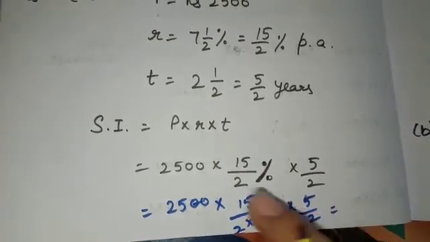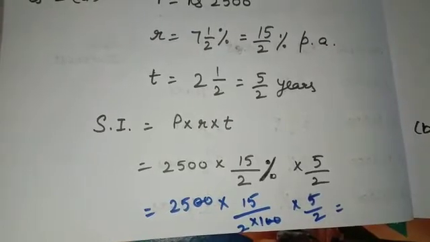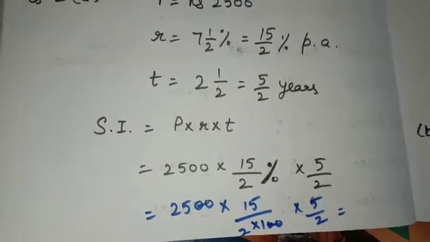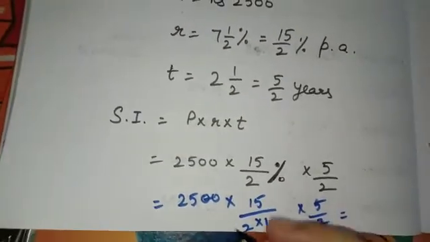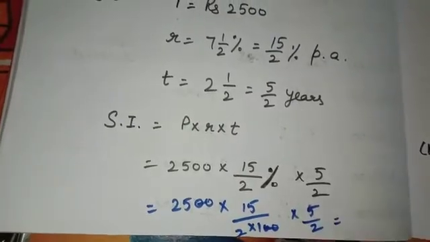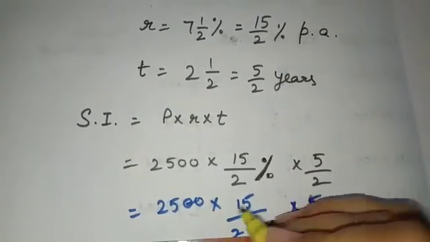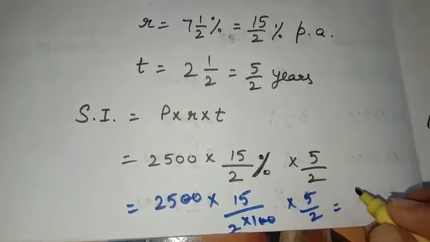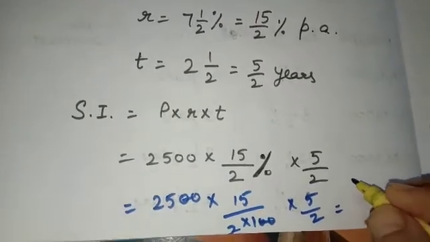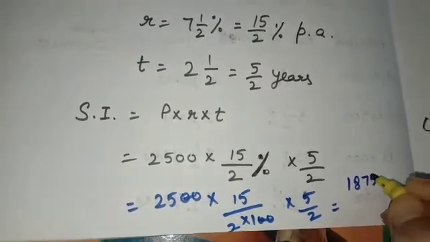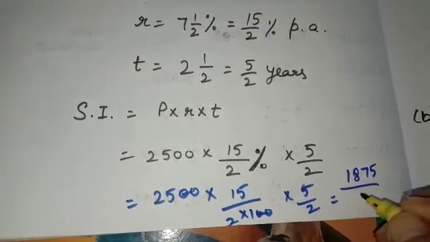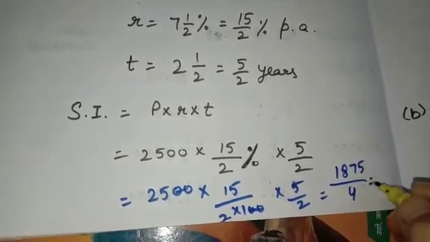As it cannot be cancelled, we will multiply all the numbers. 15 5s are 75. Now as we are multiplying 25, 15 and 5, we will get 1875, and in the denominator I will get 2 2s are 4. Now convert into decimal.